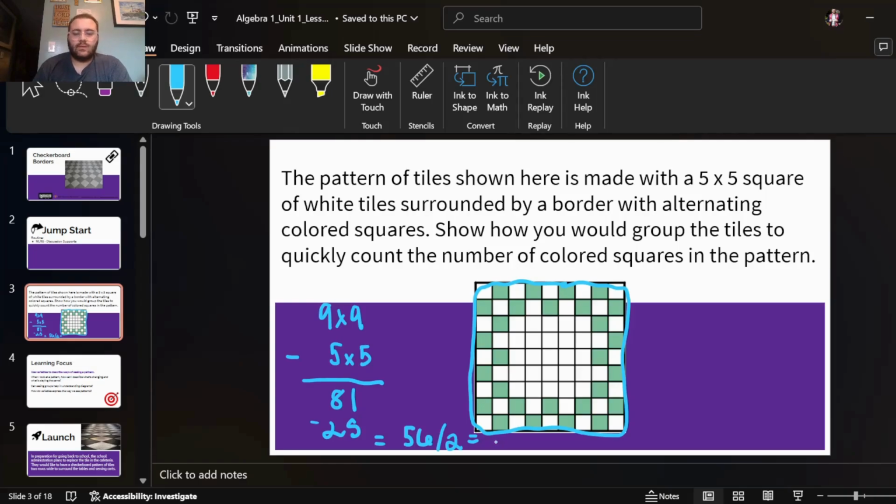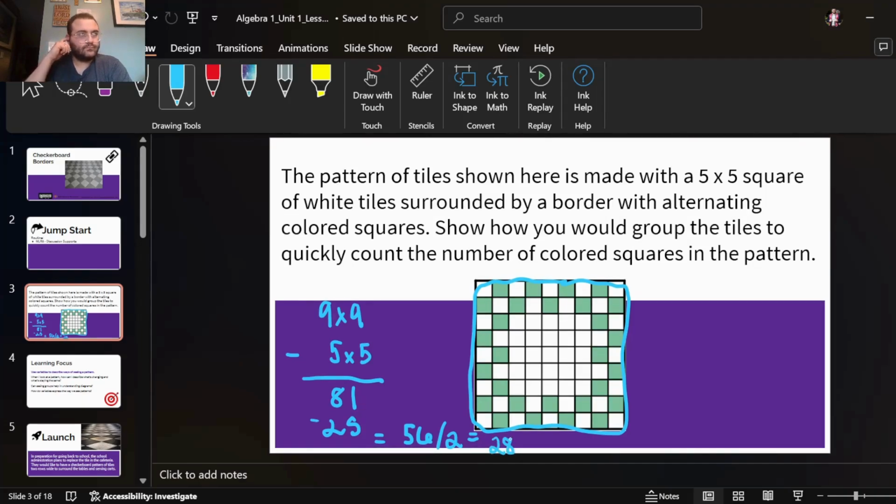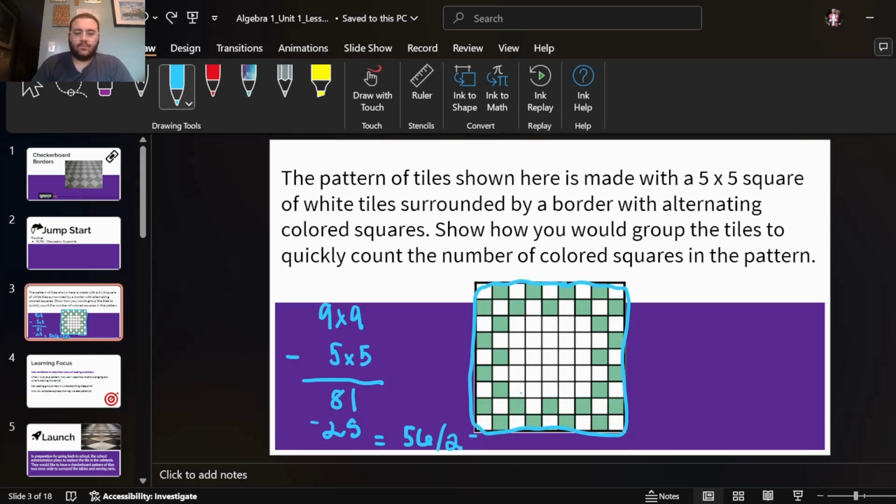So we get 28. That's 28 total green squares. So that's another pattern.